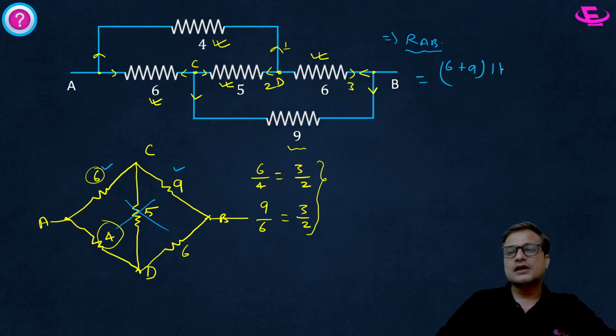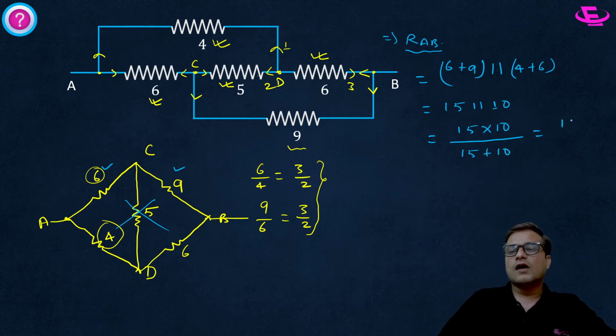Next, parallel to lower part is 4 plus 6. So from here you can get 15 parallel to 10. So from here you will get 15 into 10 divided by 15 plus 10. So from here 150 divided by 25, or you can write its value equal to 6 ohm.